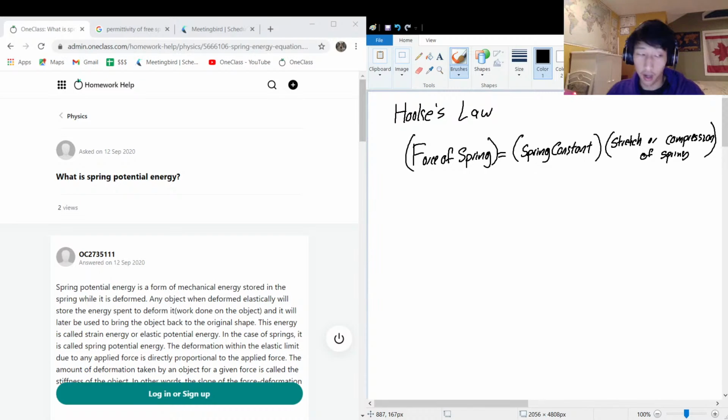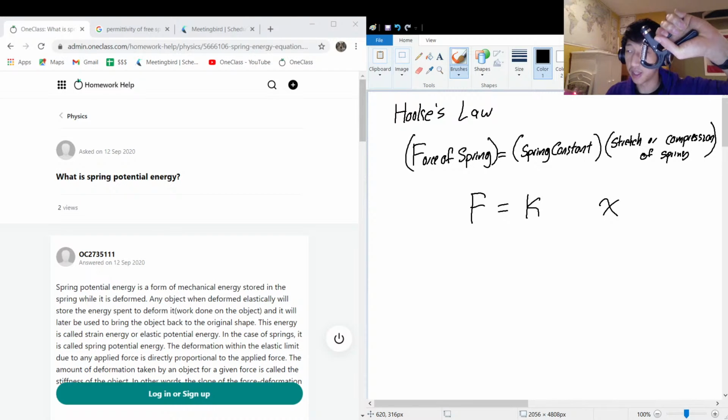With my little grip trainer here, just a little bit of stretch would be a small x value. I'll write it out in letter form: F equals kx. With a little bit like this, that's a little bit of x. But when I really stretch it out more, even by a couple of millimeters, that increases x a lot and increases the amount of force. So it's a lot harder to hold it in this position as opposed to a more loose position, which takes less force to maintain.